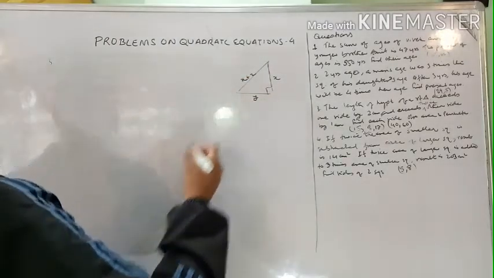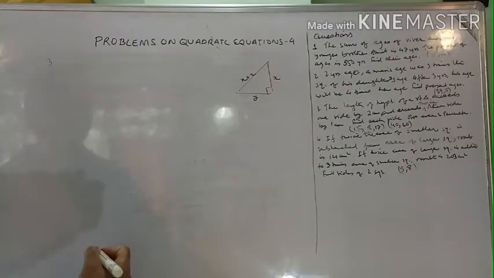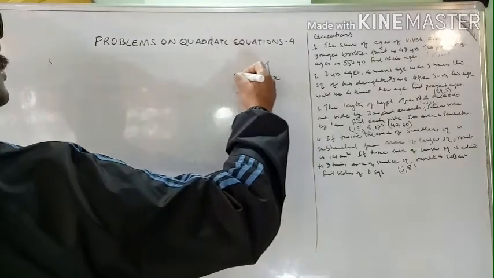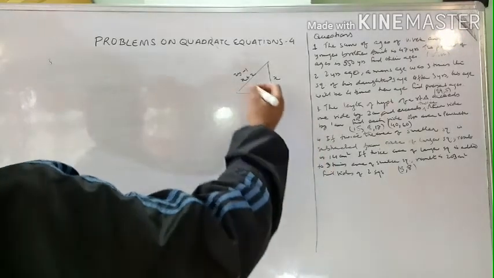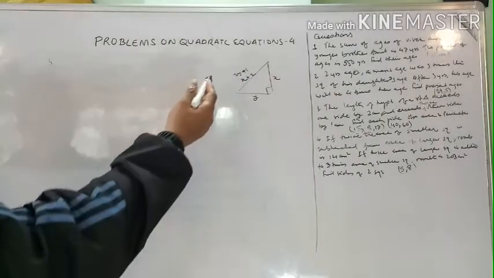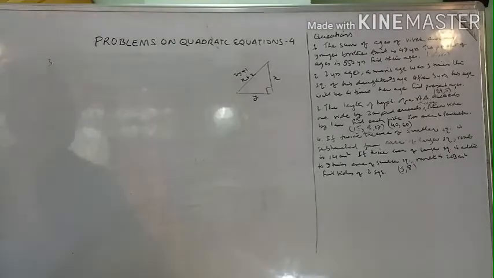If this is y, then it exceeds twice the other side by 1 cm. Exceeds means plus, so twice the other side, 2y, plus 1.